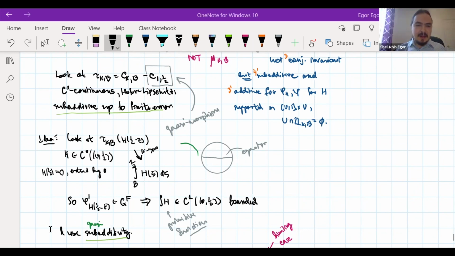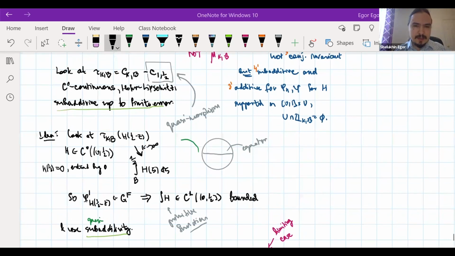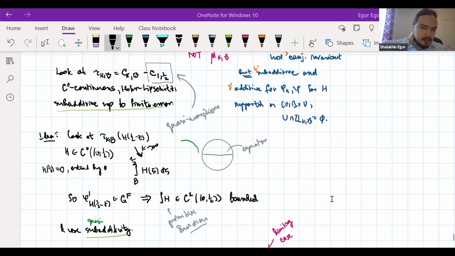Okay, and this means that if the Hamiltonian homeomorphism generated by this guy has finite energy, then the primitive function of this H must be bounded. This is the main part, and then you use this quasi-subadditivity to prove something about the quotient.